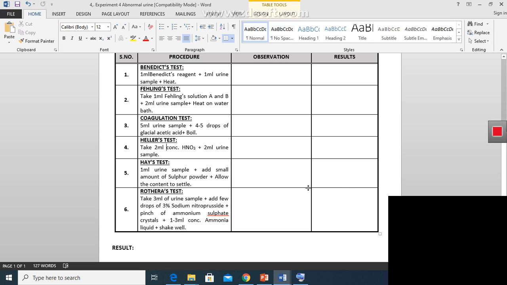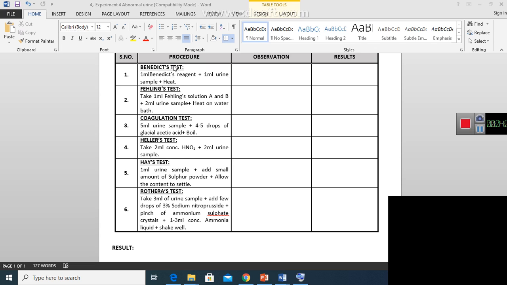And one important thing that I have to indicate here: whenever you have to identify whether a test is named after a scientist, you have to see the 's in the name of the test.